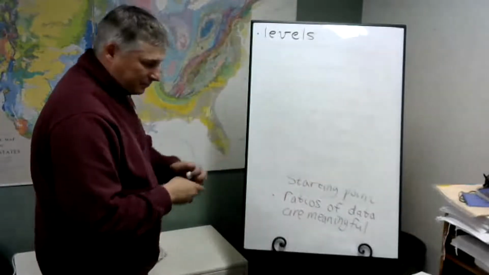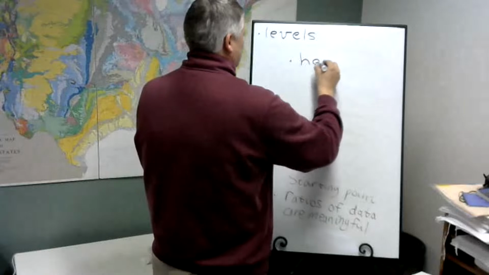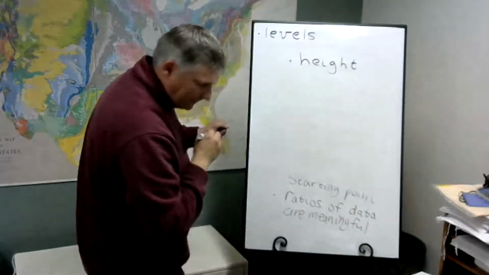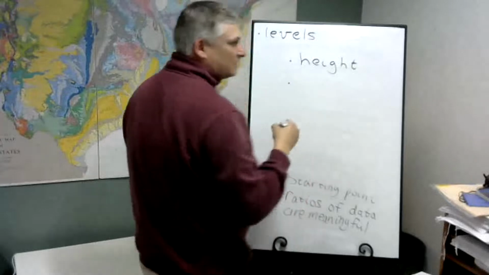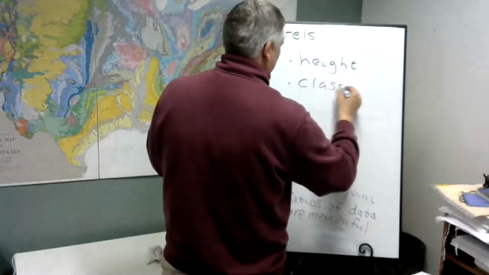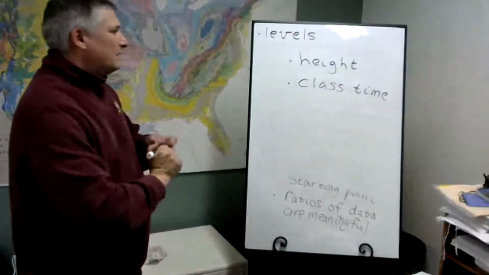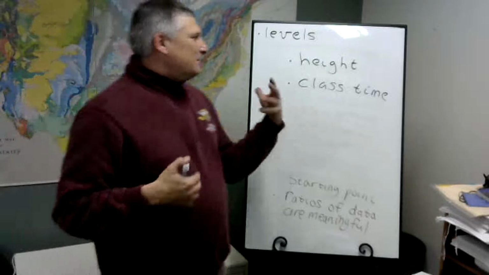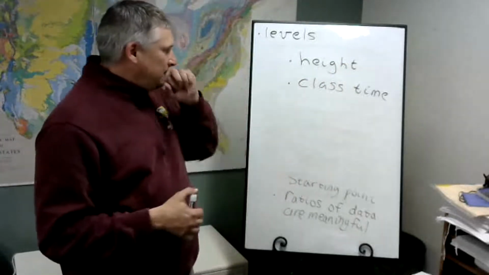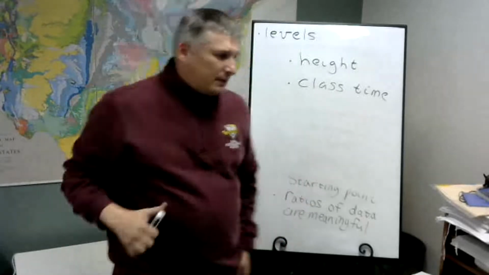So examples of ratio data are height and, say, class time. So when they talk about natural zeros, there's really an idea of zero with height that we typically can agree on if we're measuring the heights of things.